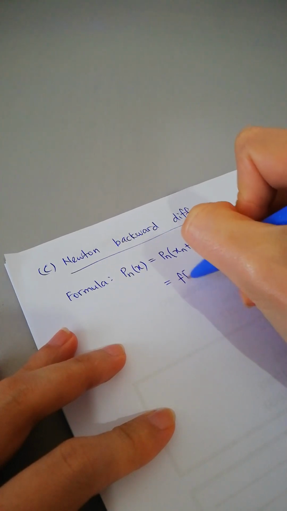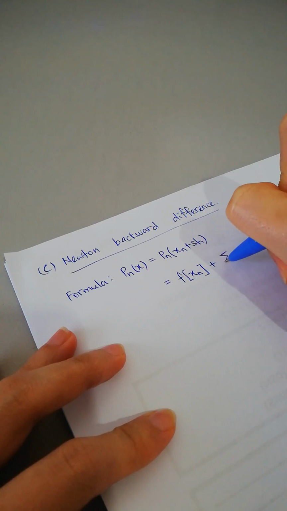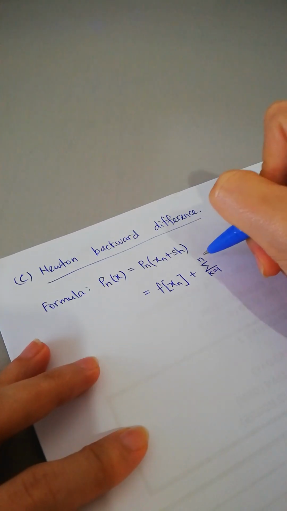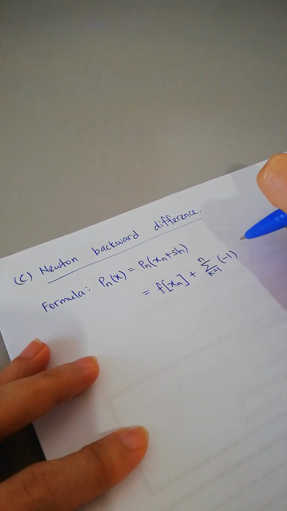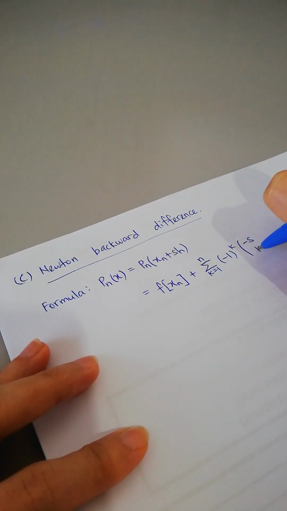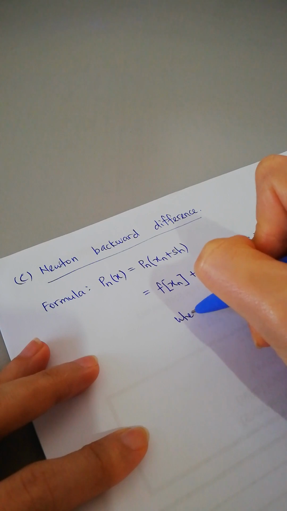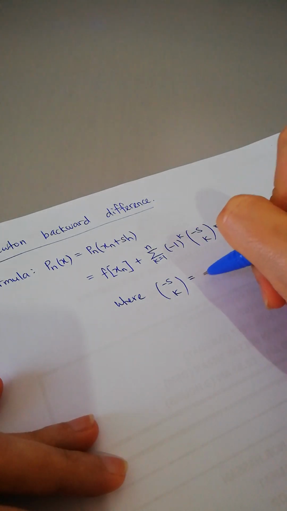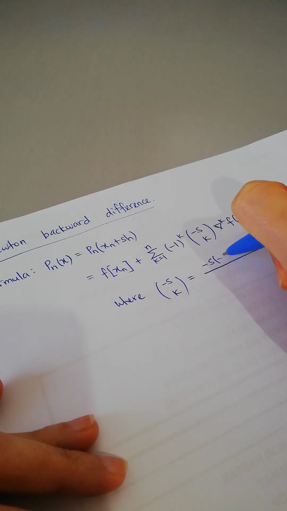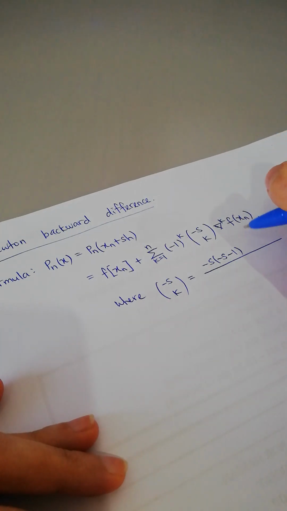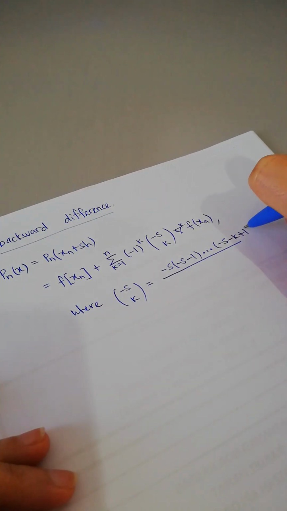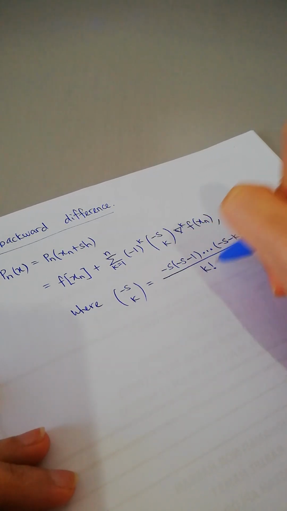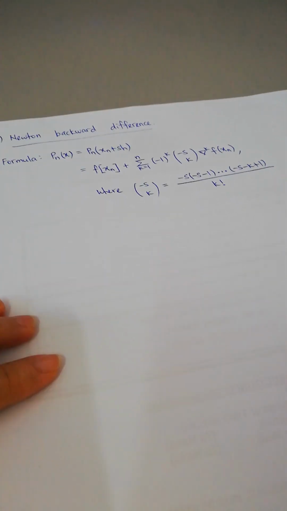This is equal to f(x_n) plus the summation of k equal to 1 to n, of (-1)^k times (-s choose k), where we know that (-s choose k) is equal to -s times (-s minus 1), and then dot dot dot, multiplied until (-s minus k plus 1), over k factorial. Alright, so this is the formula for the backward difference.